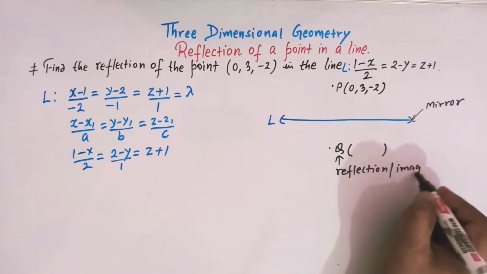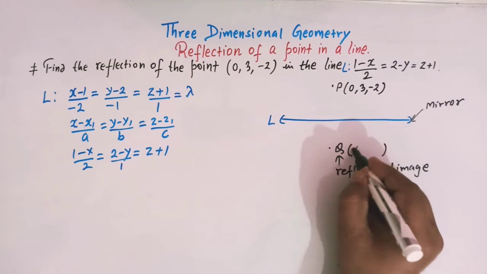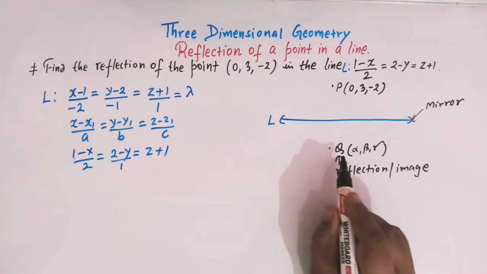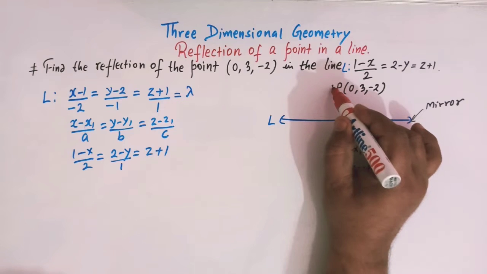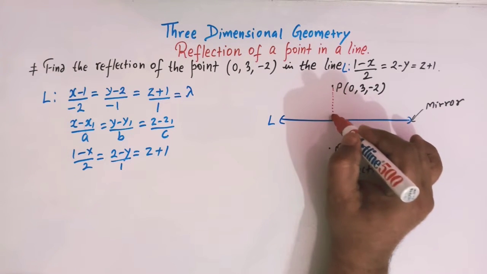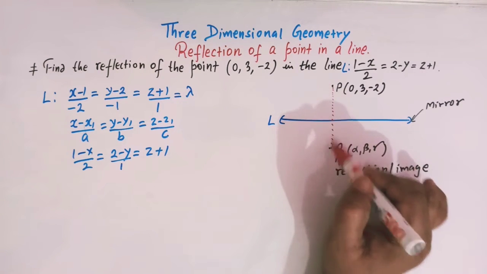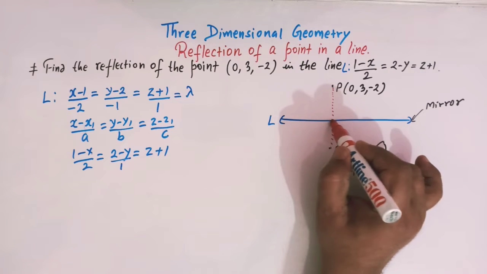So the image of this point P is Q, and let us take alpha, beta, and gamma as the coordinates of this point Q, right? Okay, so now what we will do, we'll join P and Q, right? We'll join P and Q, and we'll see that this line PQ will intersect this line L at this point, right?